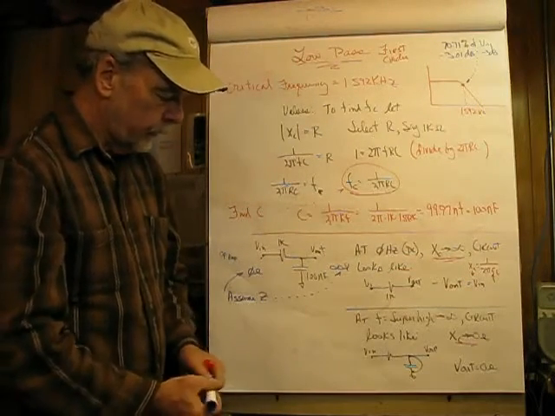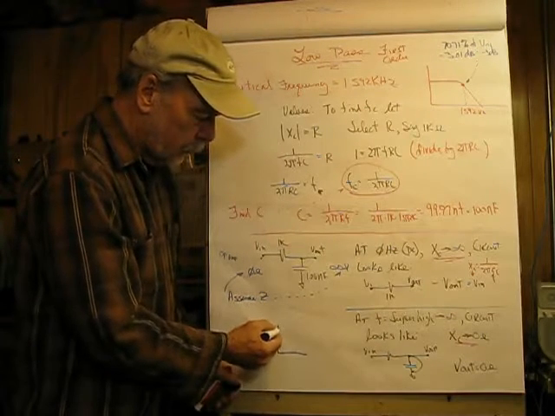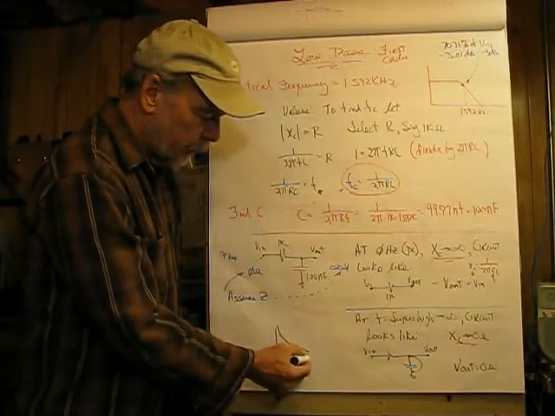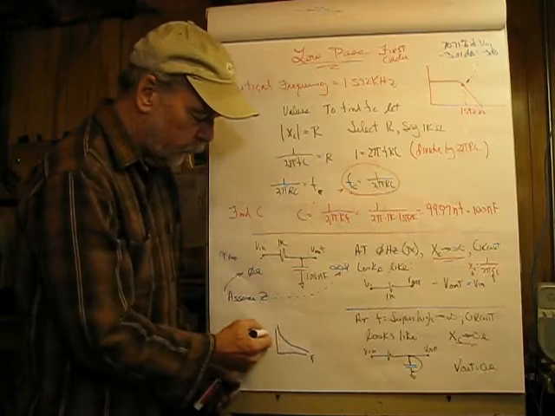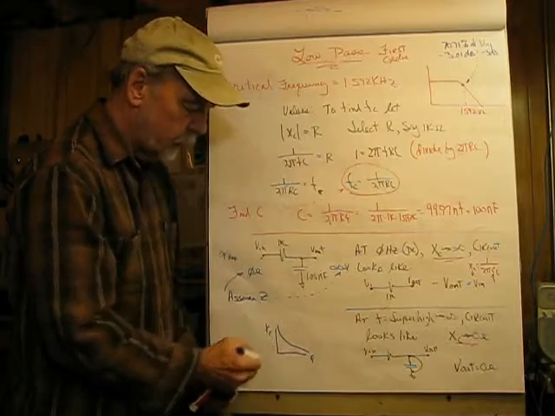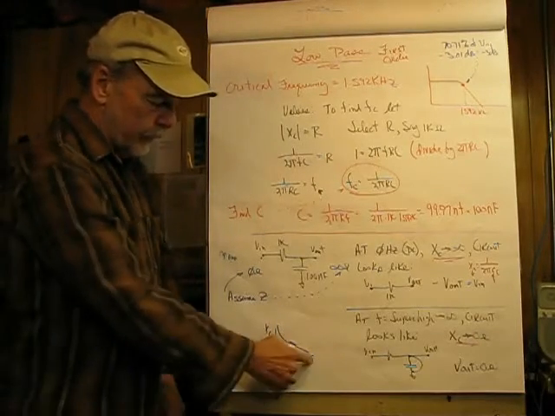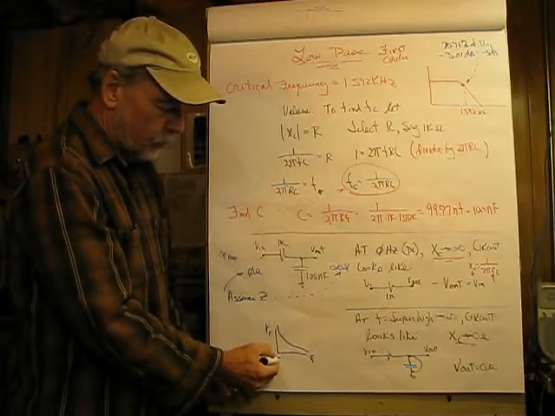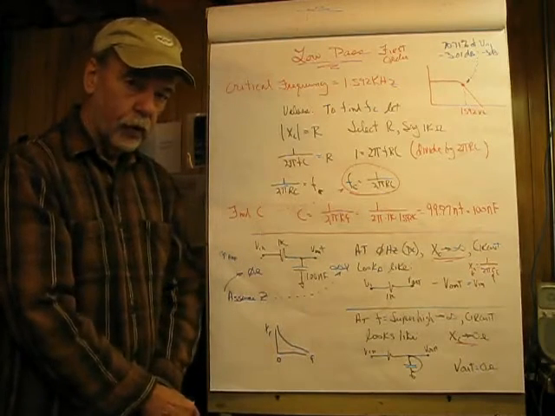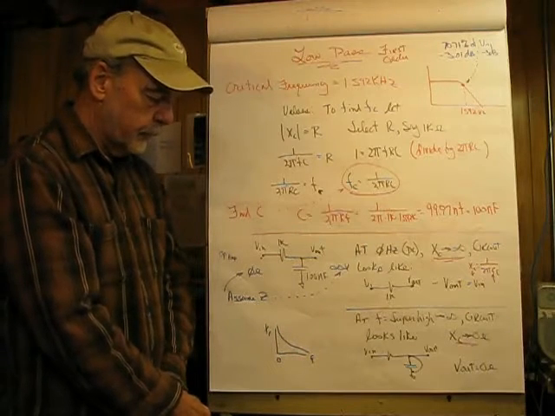And the curve for that, real quickly, for X sub C would be like this. We have two asymptotes here. This would be F, and this would be X sub C. So F will bring X sub C towards 0, and if we go to DC, which is often referred to as 0 hertz, X sub C approaches infinity.